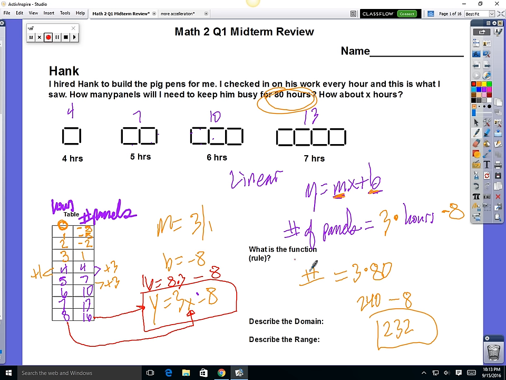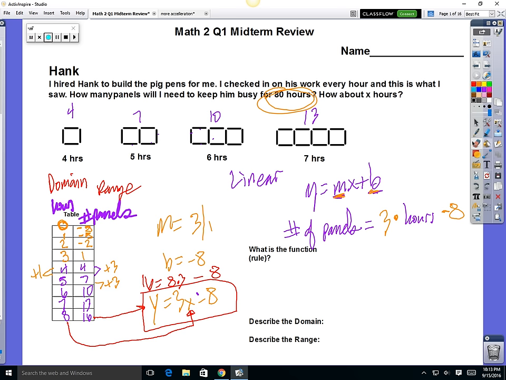Okay, the domain is all of your x's. So this right here is my domain. And the range is all of your y's. Now, of all the numbers in the universe, what numbers are we going to realistically use for the domain? And we will argue that we do not want to use this number right here.